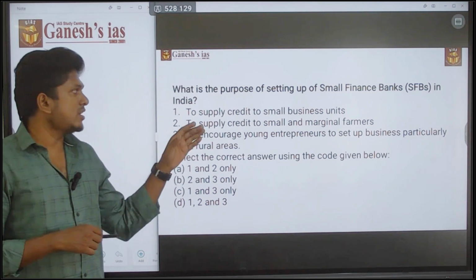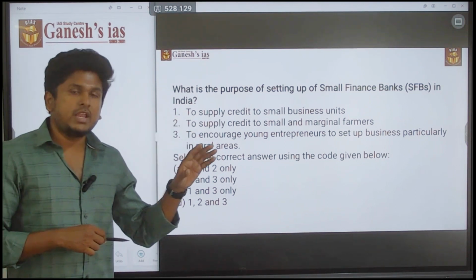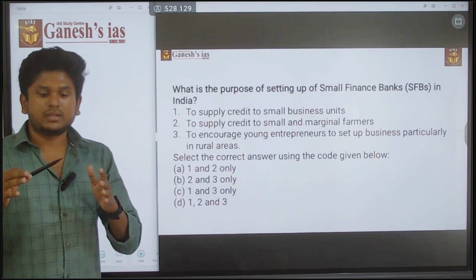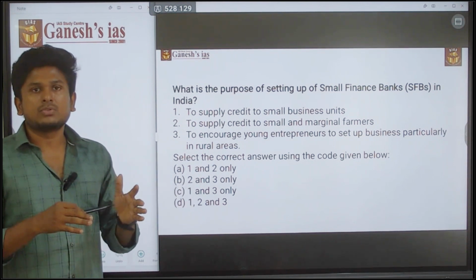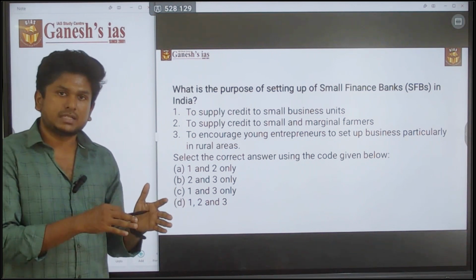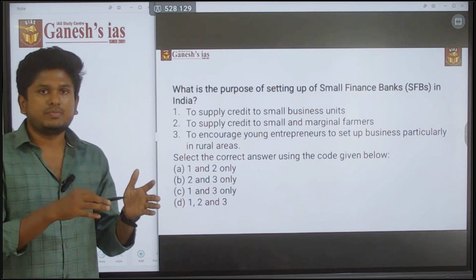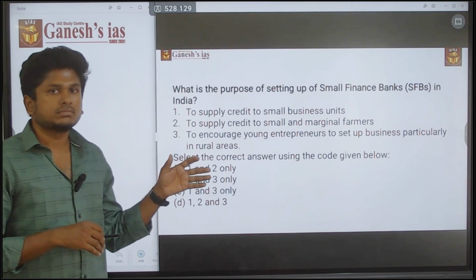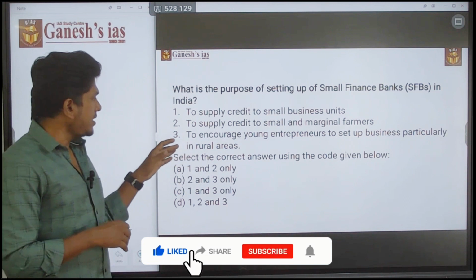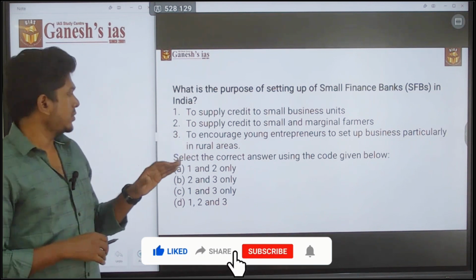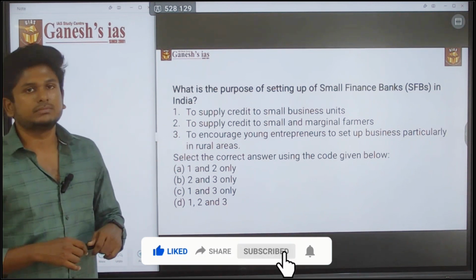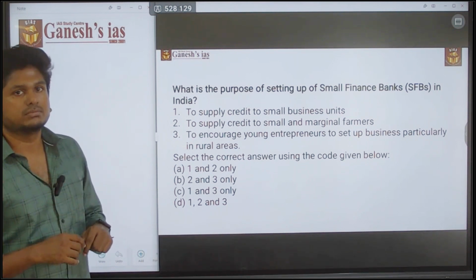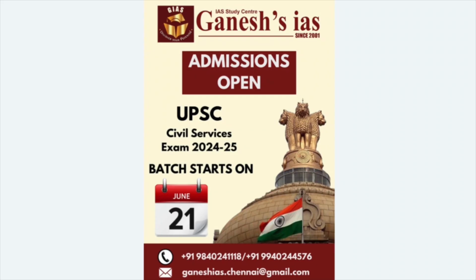That will actually lead to an NPA for that bank, because the company won't perform well. There will be delay in the payment of interest and principal, so at the end of the day it may lead to an NPA crisis. So they won't ask for it, and the third statement is wrong. So the answer is A, 1 and 2 only. This is how you have to try to solve any question. Thank you.